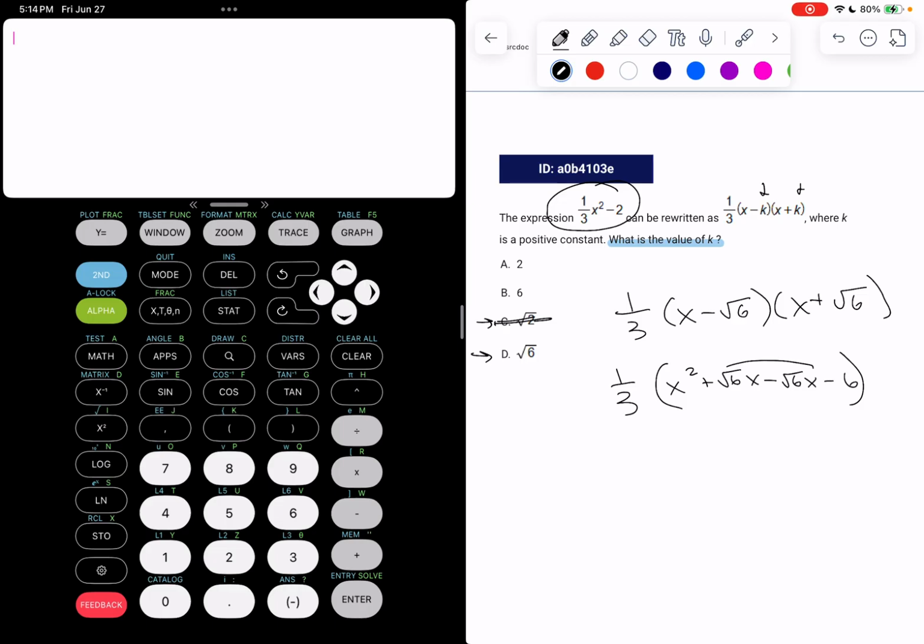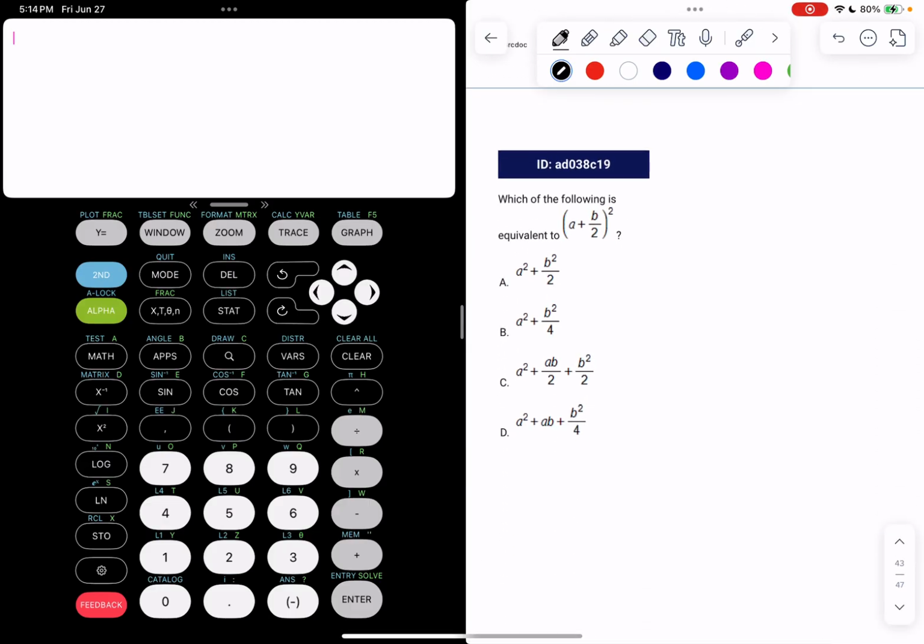So these guys here are going to cancel each other out. And we're going to get 1/3 times x squared minus 6. When I distribute the 1/3, I get 1/3 x squared minus 2. And that is what I'm looking for. So this is my answer.